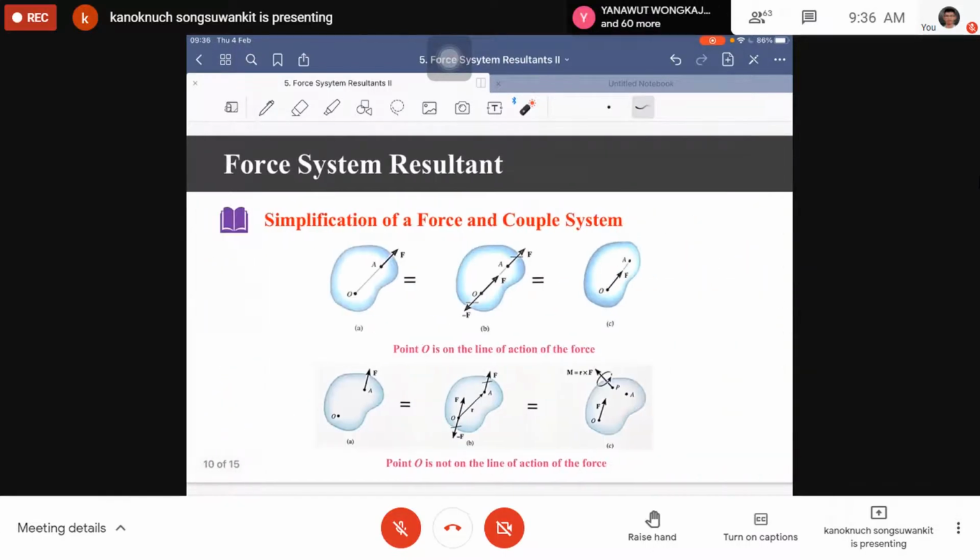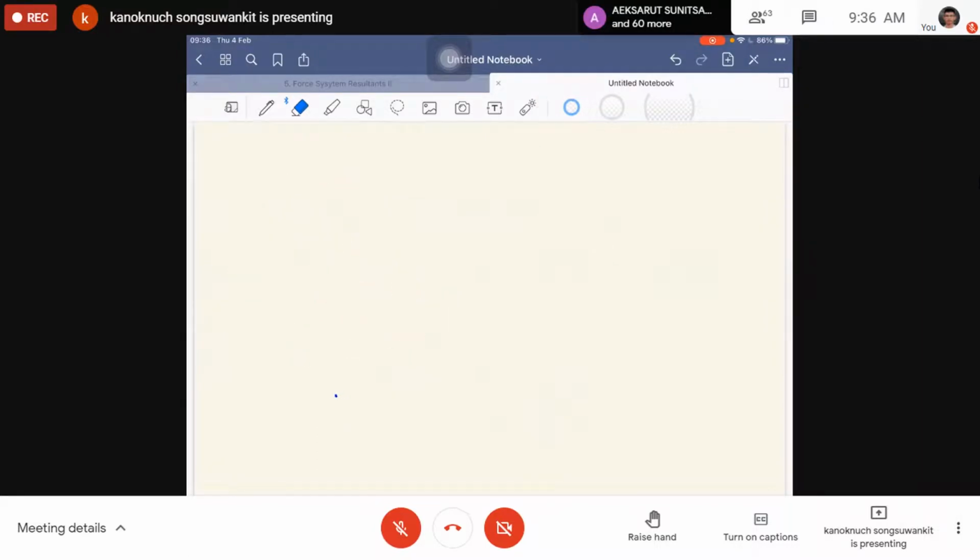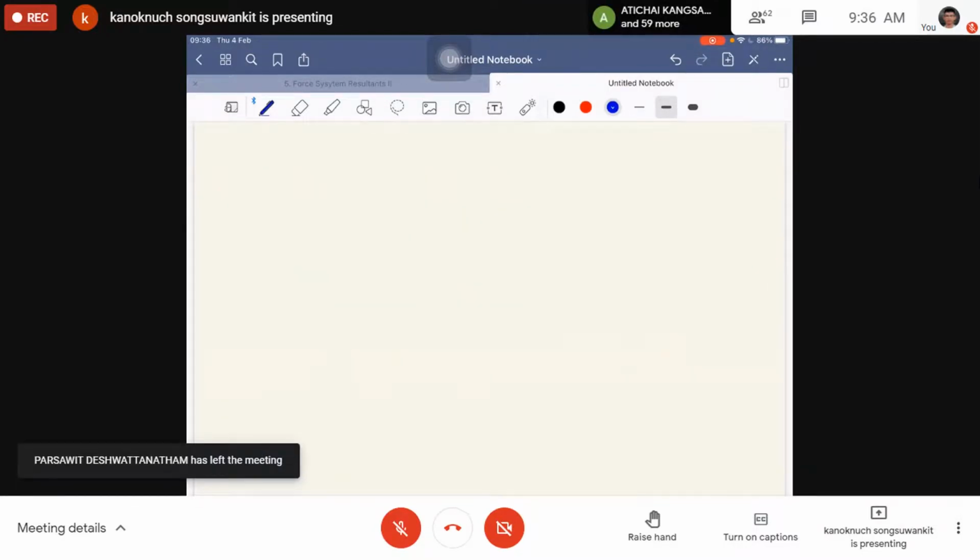That is called simplification of a force and couple system. In the system that we have, many forces act on different points or axes and cause the effect of translation and rotation on the body.